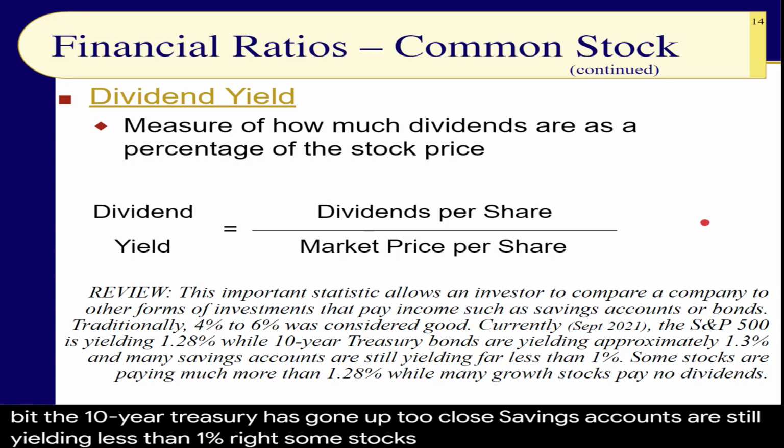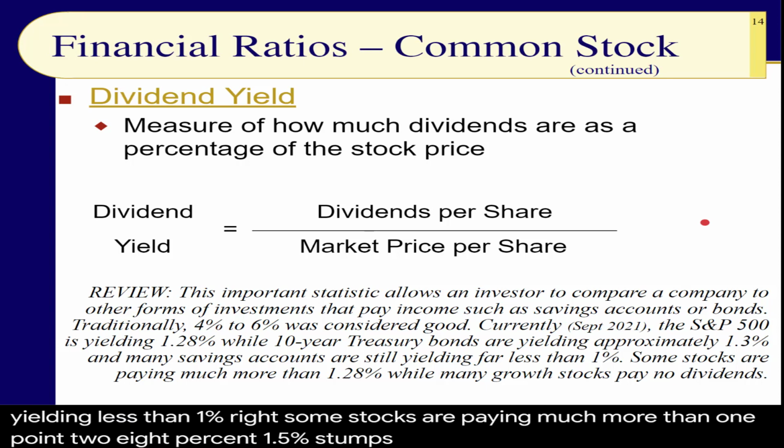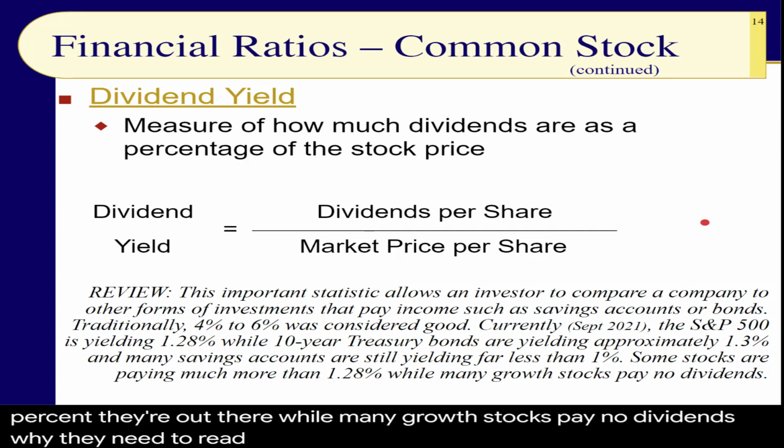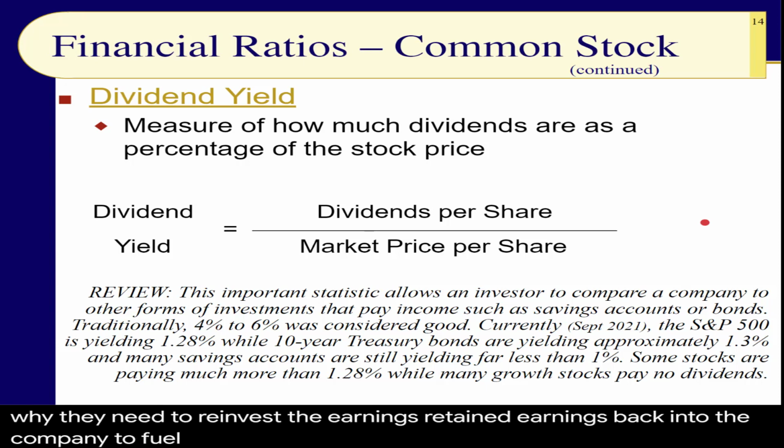Some stocks are paying much more than 1.28%, 1.5%. Some stocks are paying 3, 4, 5%. They're out there. While many growth stocks pay no dividends, why? They need to reinvest the earnings, retained earnings, back into the company to fuel their growth.